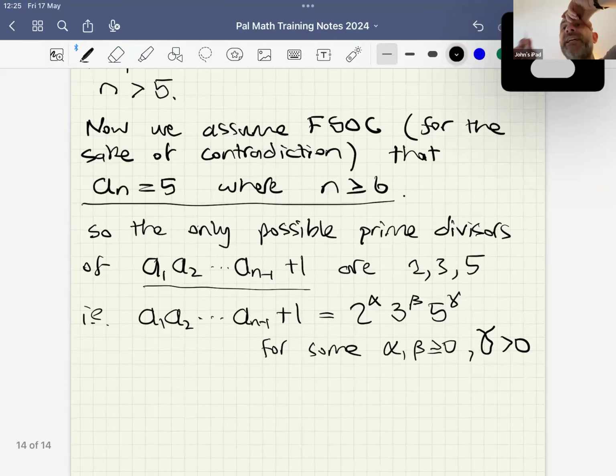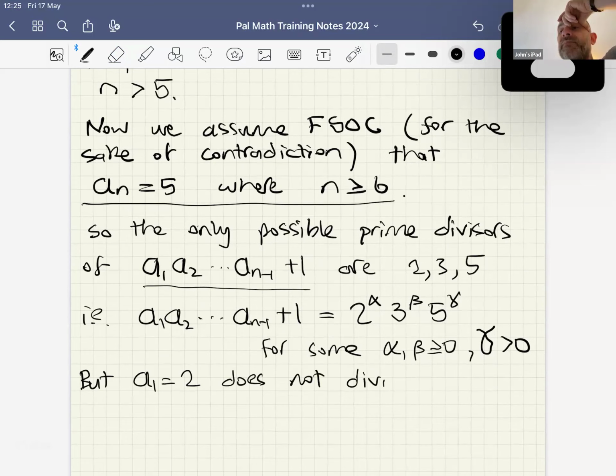I hope those Greek letters are familiar to you. But A1 equals 2 does not divide the left-hand side.